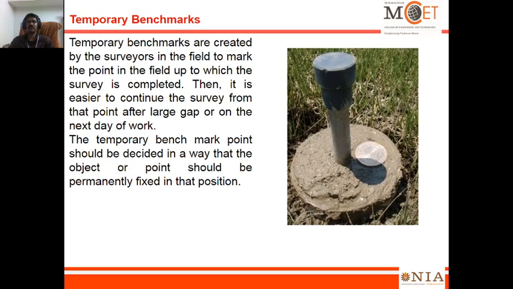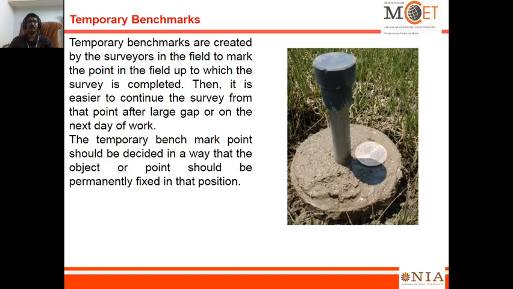Then it is easier to continue the survey from that point after a large gap or on the next day of work. The temporary benchmark point should be decided in a way that the object or point is permanently fixed in that position. So this temporary benchmark will be available until the project is completed, right?